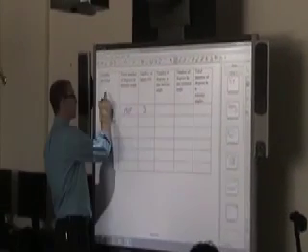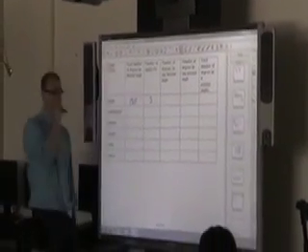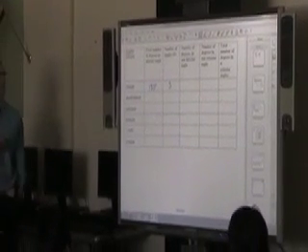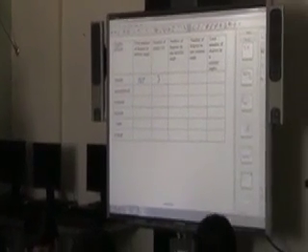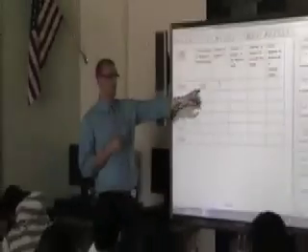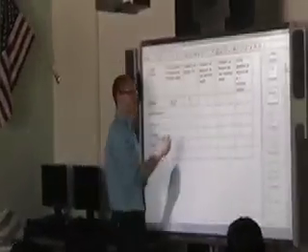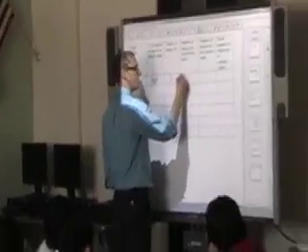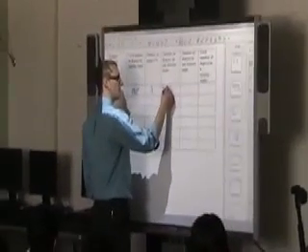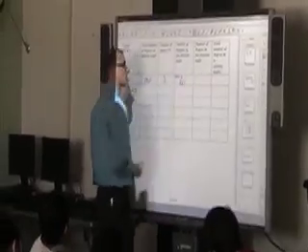And now remember, this is a regular polygon. So what's the degree measure of one interior angle? 60. So 180 divided by 3 equals 60.